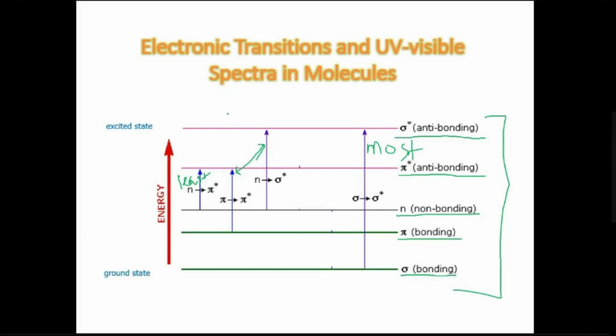So overall, the energy transitions and their energy will be: sigma to sigma star is most, then comes n to sigma star, then you have pi to pi star, and then you have n to pi star. I hope this is clear to you.